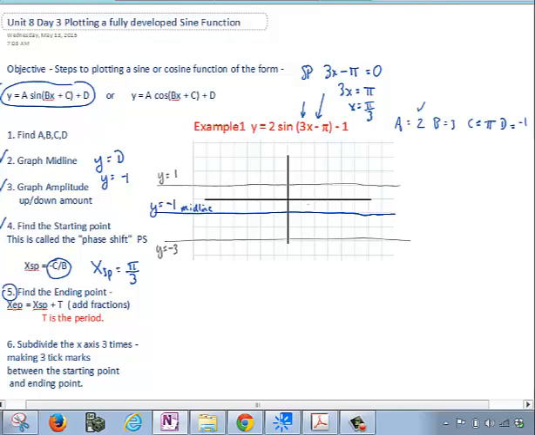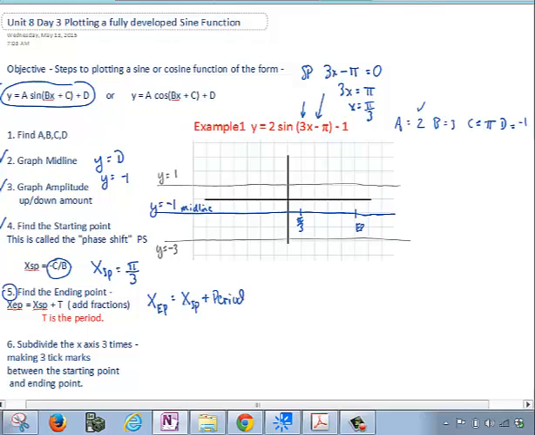Now I want to find my ending point. The function starts at a value, which I'm going to call pi over 3, and it ends at a value, the ending point, but I have to figure out what its value is. The ending point is always equal to the starting point plus the period.